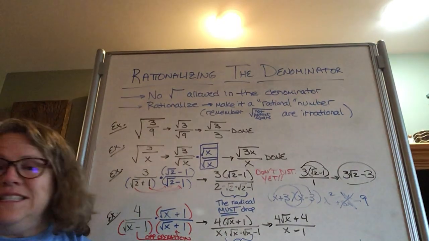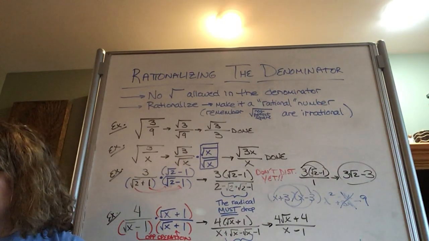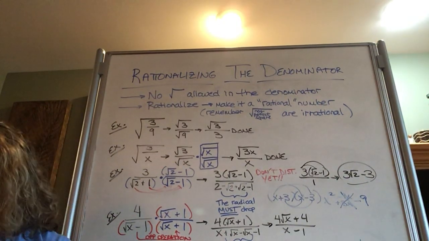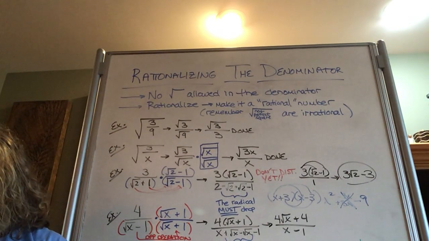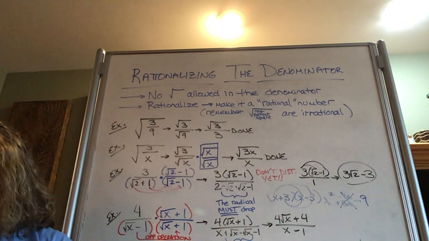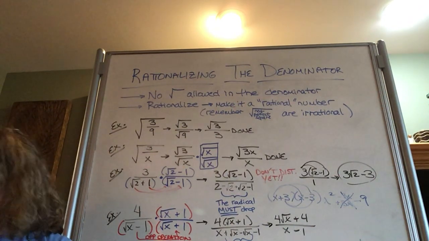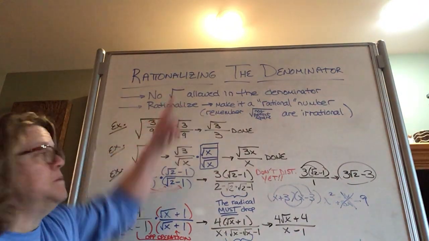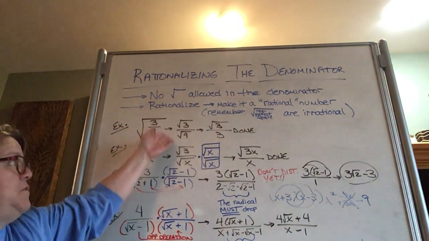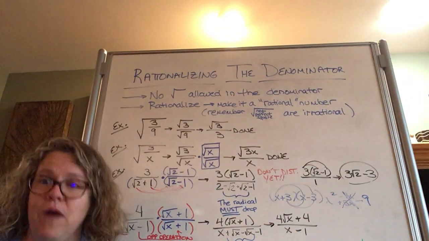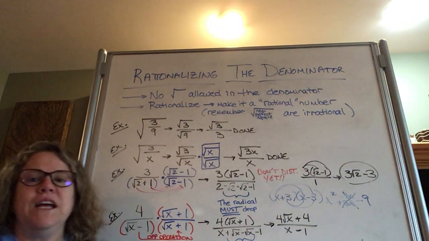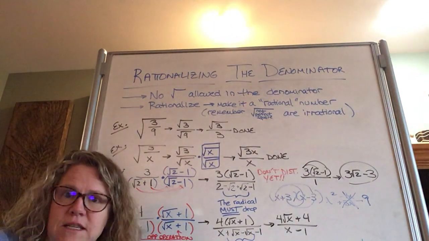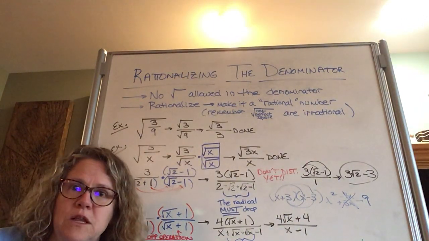You could find examples of this in section, I'm double checking, should be 9.4. Yep. In section 9.4 and in the integrated review, you will find problems. Obviously they're division, so you're looking for dividing radicals, which is section 9.4, and directions that specifically say rationalize the denominator. So look for those in the book.